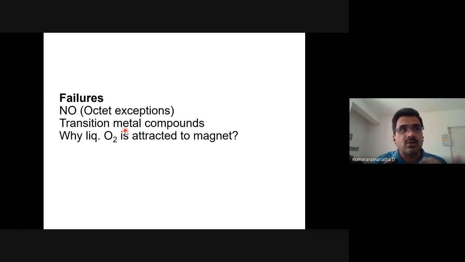And also due to this COVID things, the surge of oxygen is also becoming more and more, people are really looking forward for oxygen gas for their breathing and other issues. So one important point you should consider in any of the theories which fail to explain oxygen's magnetic nature, which we will try to look into in molecular orbital theory.